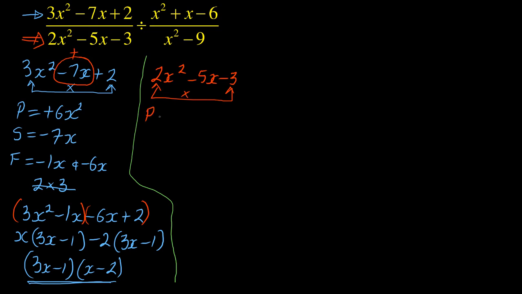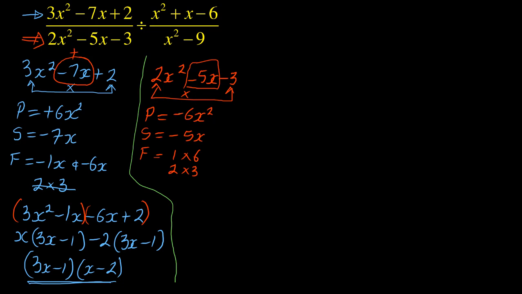So my product is 2 times 3, it's negative 6x squared. My sum is the center, which is minus 5x. Now the factors are the factors of 6, which is 1 times 6, and 2 times 3. I need to get a negative 5 from these two factors when I add them, and I need to get a negative 6 when I multiply them.